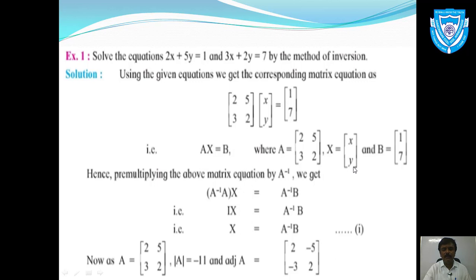And the third matrix 1, 7 is nothing but capital B, which is matrix of constants. But at first we'll just concentrate on capital A. हम लोग कैपिटल ए के ऊपर ध्यान देंगे because our next aim, next target is to find its inverse.